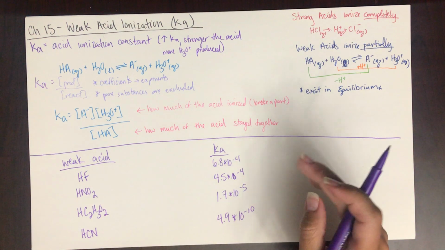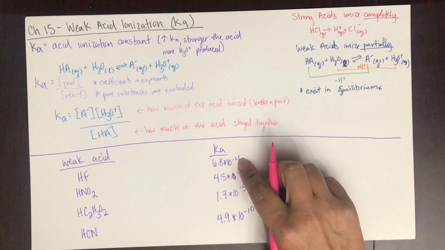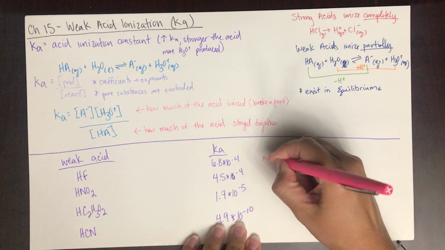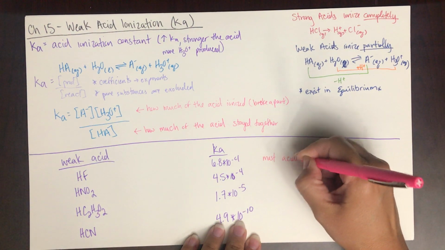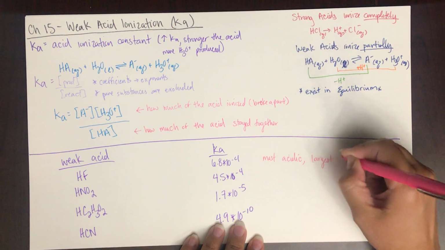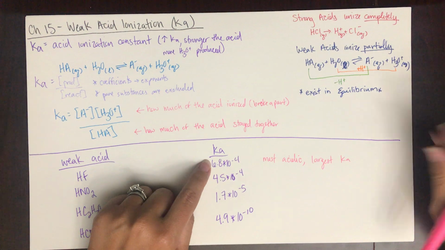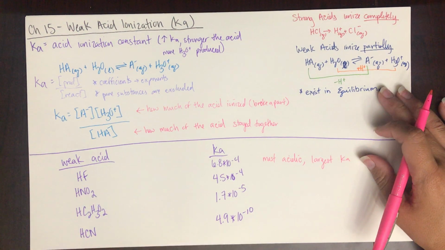So if we were to rank these from most acidic to least acidic, I accidentally wrote them in descending order. So this is the most acidic because it has the largest Ka. 6.8 times 10 to the negative 4th is the largest number out of these 4 numbers.